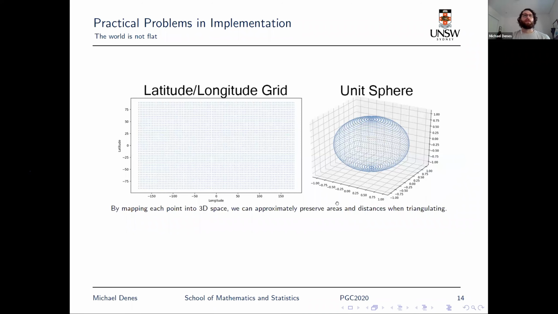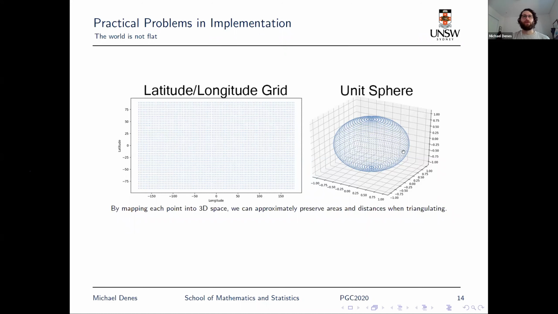One way we can do that is to take our latitude and longitude grid and project all of those points onto the unit sphere. In that way, all of the distances in three-dimensional space are approximately the same as the distances if you were to go from point to point over the sphere, so the great circle distance is approximate to the distance between the points in three-dimensional space.